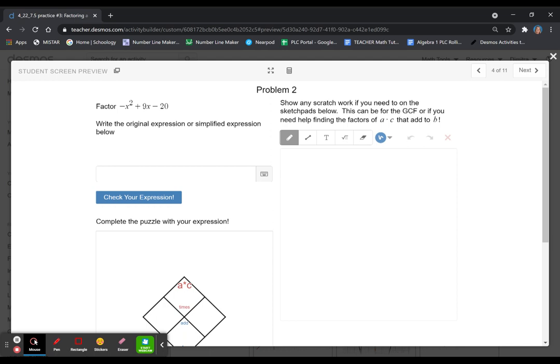We want to see if these have a common factor so we can factor out the greatest common factor. But they don't, okay? But this one does have a negative sign. So what we want to do is factor out that negative sign.